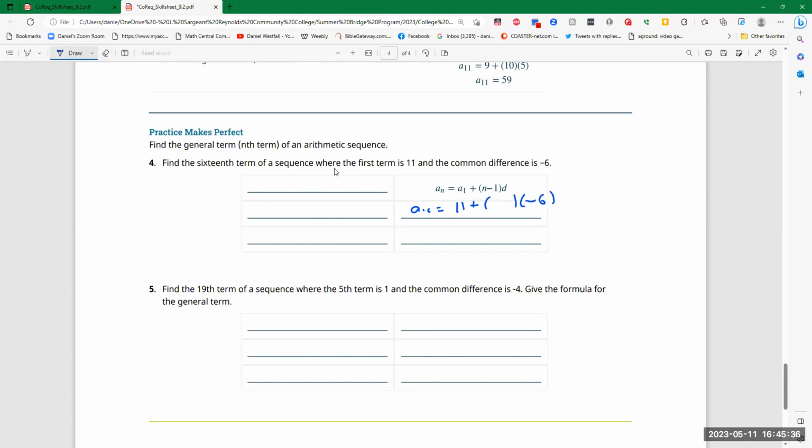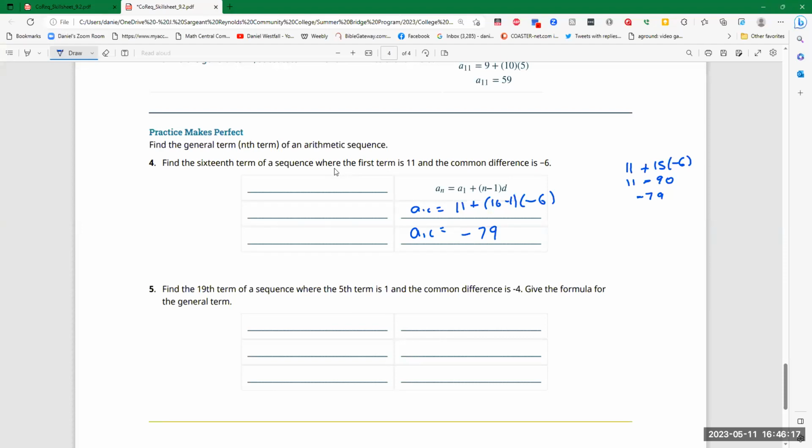And then this is the 16th term, 16 minus 1. So our A16 is going to be 11 plus 15 times -6. 11 minus 90 is going to be -79. So I didn't have to go through all those steps to get to -79. I just got straight to my -79 for my 16th term.